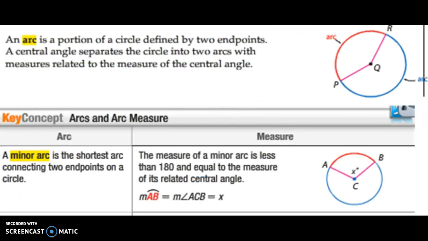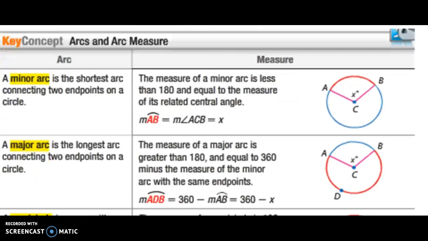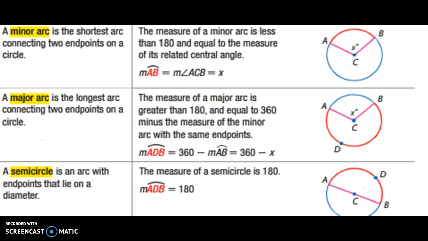Now, an arc is no longer the central angle that we were looking at on the inside. An arc is along the circle, and our arc corresponds with the angle that we have. So if you look down here, there's a couple different types of arcs. There's a minor arc, there's a major arc, and there's a semicircle. Minor arcs are going to be less than 180.